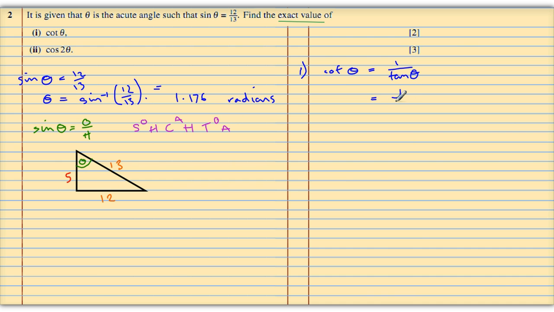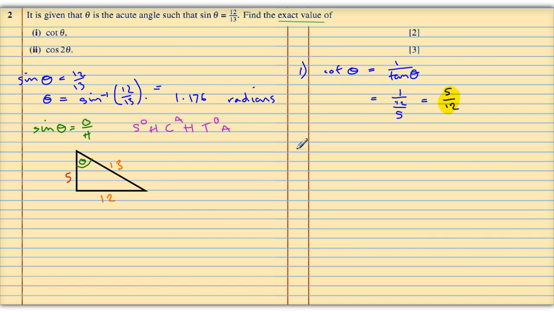So that's 1 over 12 over 5, which equals 5 over 12. And that's our first answer.